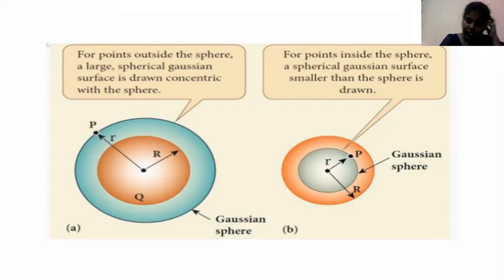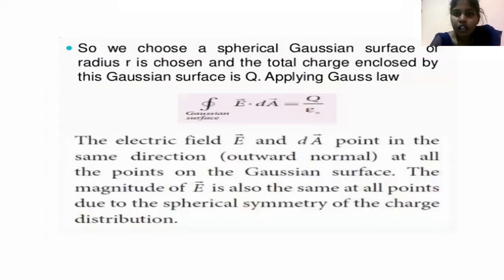For the second case, the points inside the sphere, a spherical Gaussian surface smaller than the sphere is drawn. So A is outside and B is inside. We consider the point P, and at this point P you have to find the electric field in both cases.